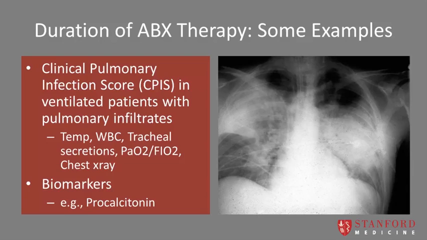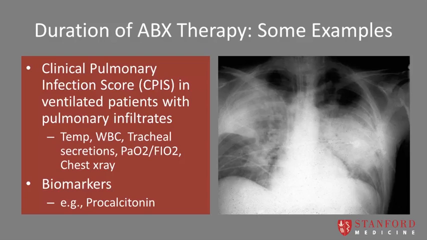The CPIS score, in addition to being evaluated initially, can be used after 3 days of therapy to decide about potential de-escalation. And one clinical trial has demonstrated the efficacy of this in actually discontinuing antibiotic therapy after 3 days in patients with low CPIS scores.